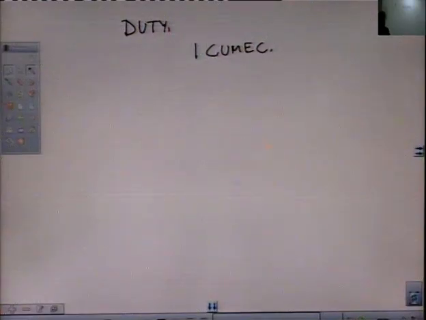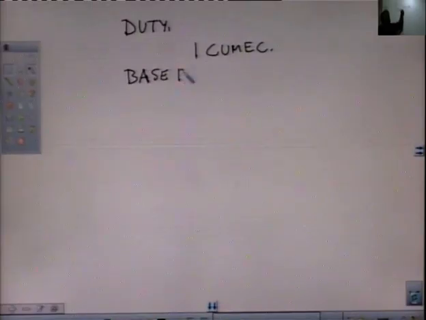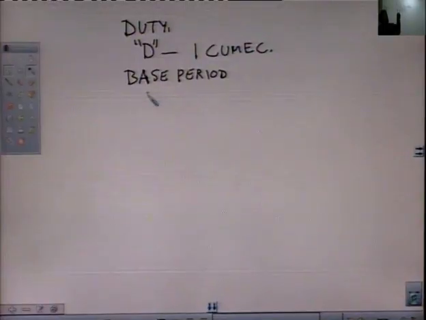Continuously for the base period. So, we are having another term, base period. Duty is expressed as D, base period as B. It is the time elapsed from the first watering at the time of sowing to the last watering when the crop matures.